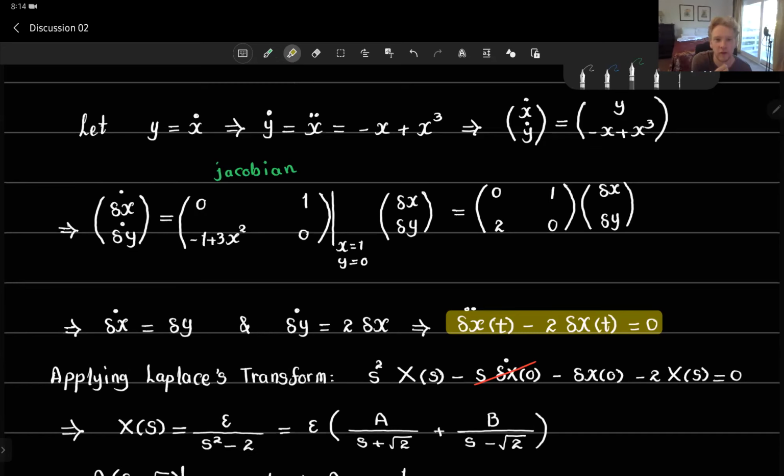In the line above, did you mean the delta x and delta y, or are they supposed to be dotted? Because I noticed the right side also has delta x and delta y. Where? The right side of the equation above the yellow. This one? Yeah.